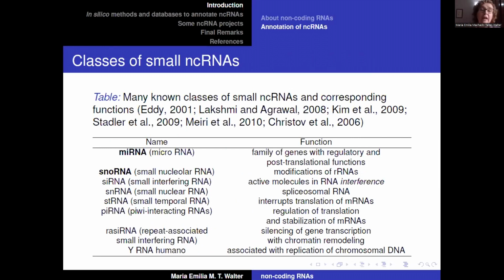So we have, for example, microRNAs, a family of genes that have regulatory and post-transcriptional functions, and there are snRNAs or small nuclear RNAs that make modifications of ribosomal RNAs. There are other classes, but I will talk only about these first two.